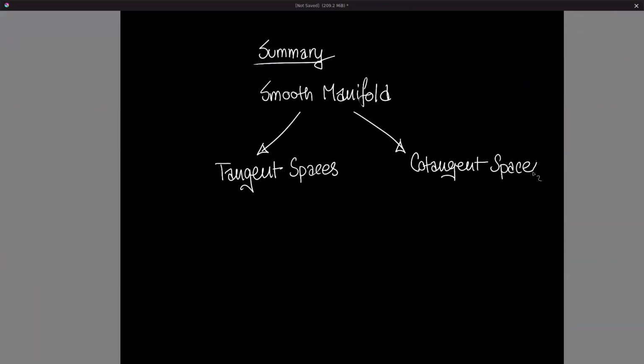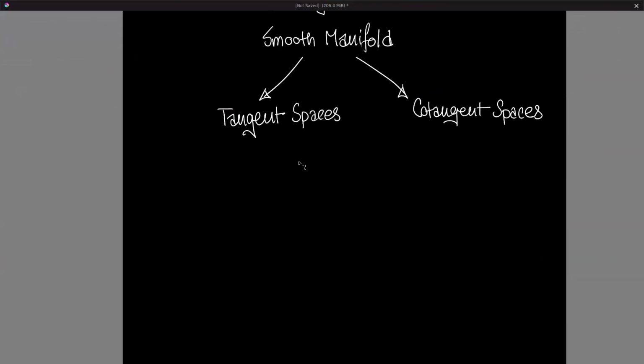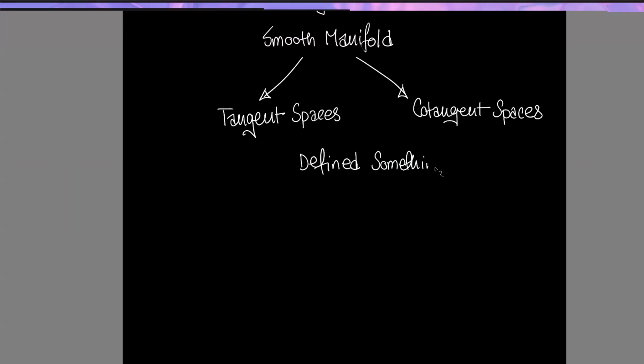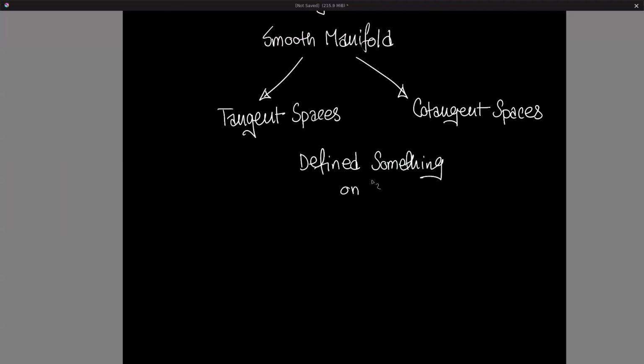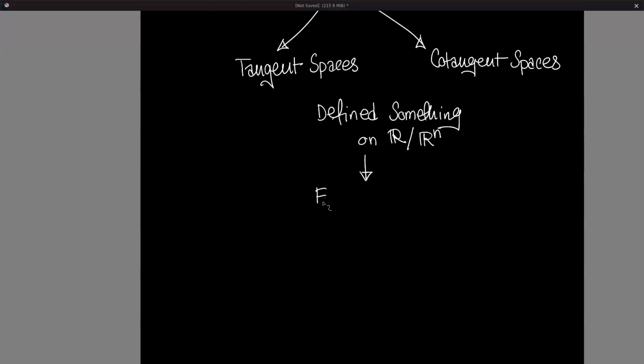When we did each of these, we defined something on Rn, and then we took an equivalence class. The equivalence class was supposed to put into bins all of the objects which had the same property that we were interested in.